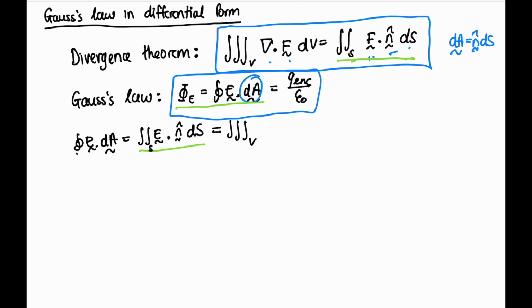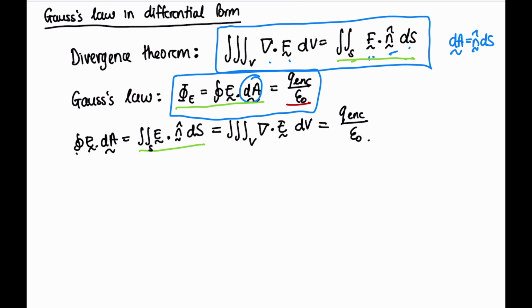So that's equal to a volume integral of the divergence of our electric field, dV, in this case. And then we know from Gauss's law here that this must be equal to Q enclosed over epsilon naught.